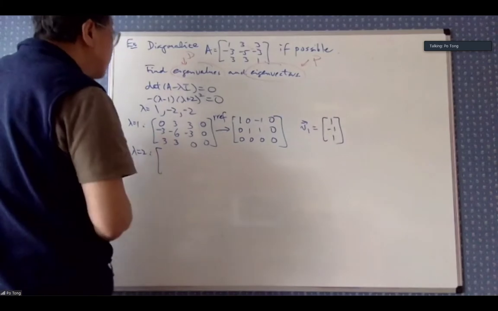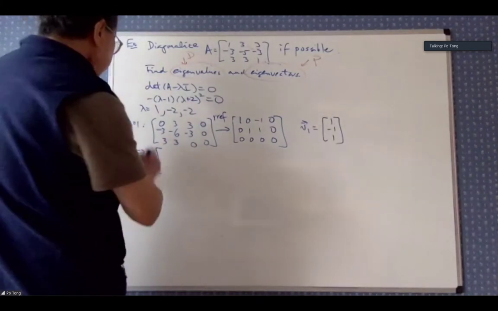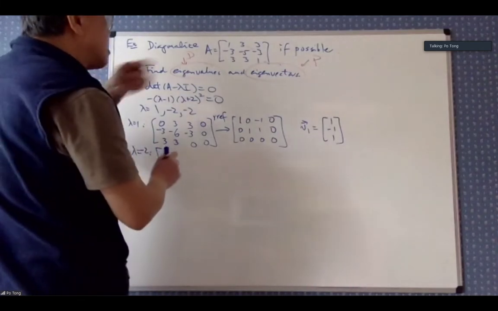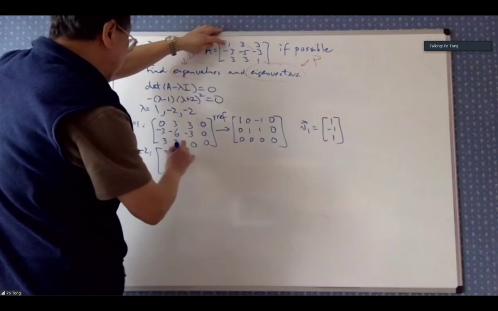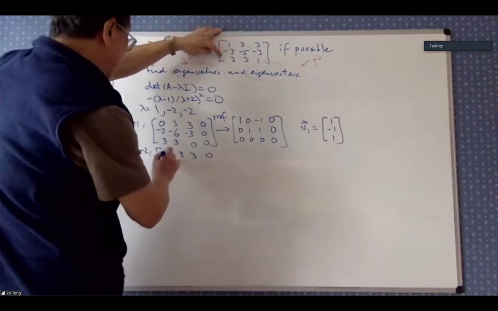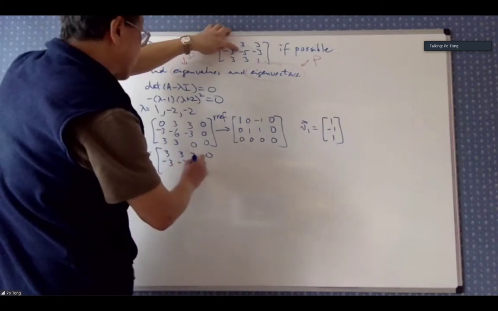Lambda equal to negative 2, sorry. Minus 2, this one becomes 3. Minus 2, minus 3.